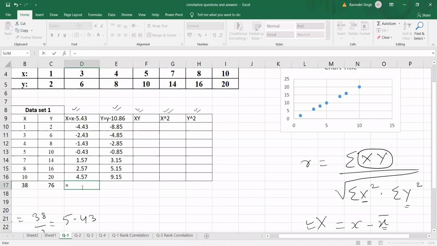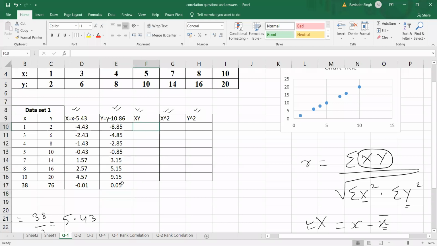So sum of this whole term, just close the bracket. You can see the sum is very, very close to zero, and this also will be equal to the sum. Then we drag this down. This is coming around 0.05.